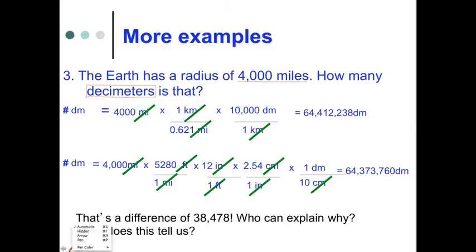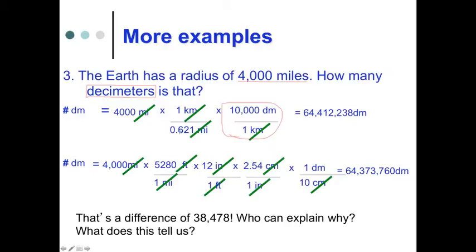The metric system, as we've talked about earlier, is based on a system of 10. So there's no rounding value in this conversion equality. 1 kilometer is exactly 10,000 decimeters. Notice with this one, throughout the presentation, I've used slightly different variations.